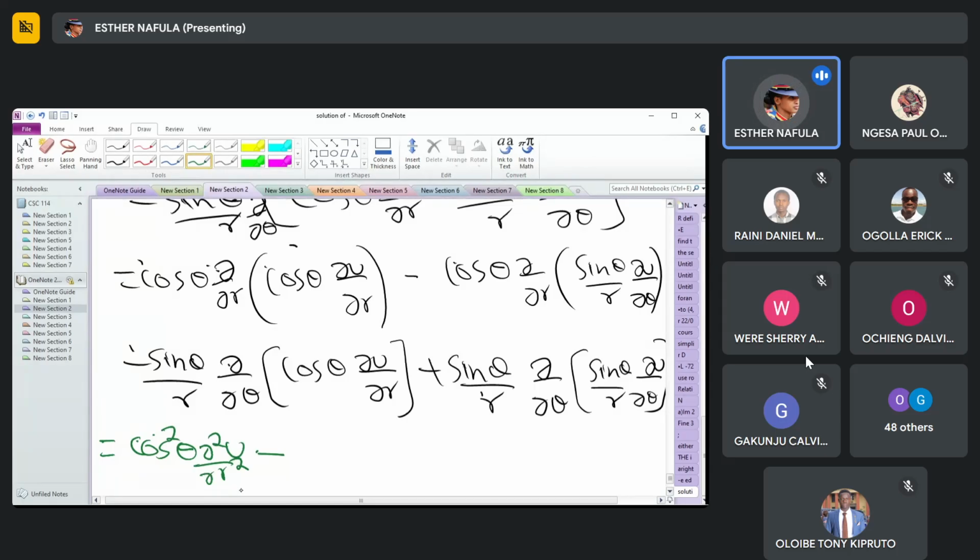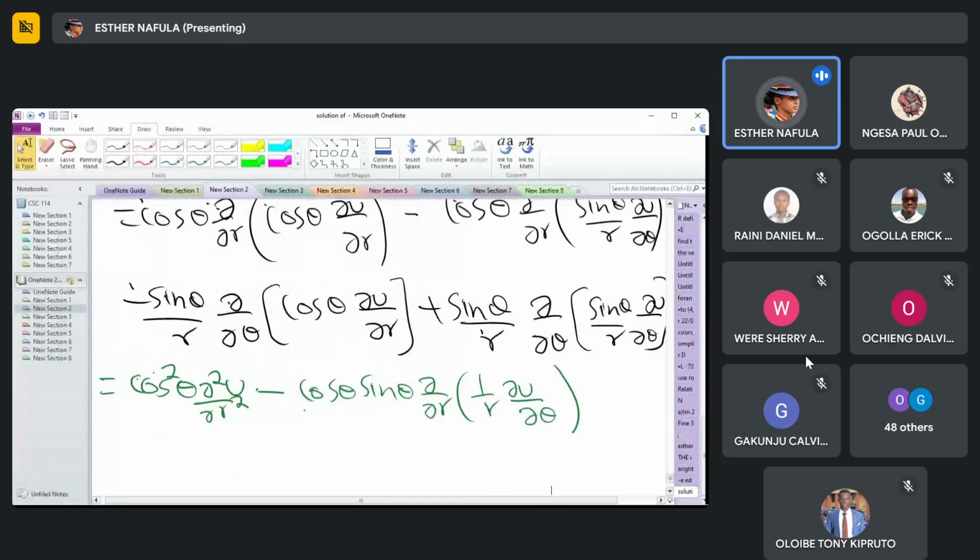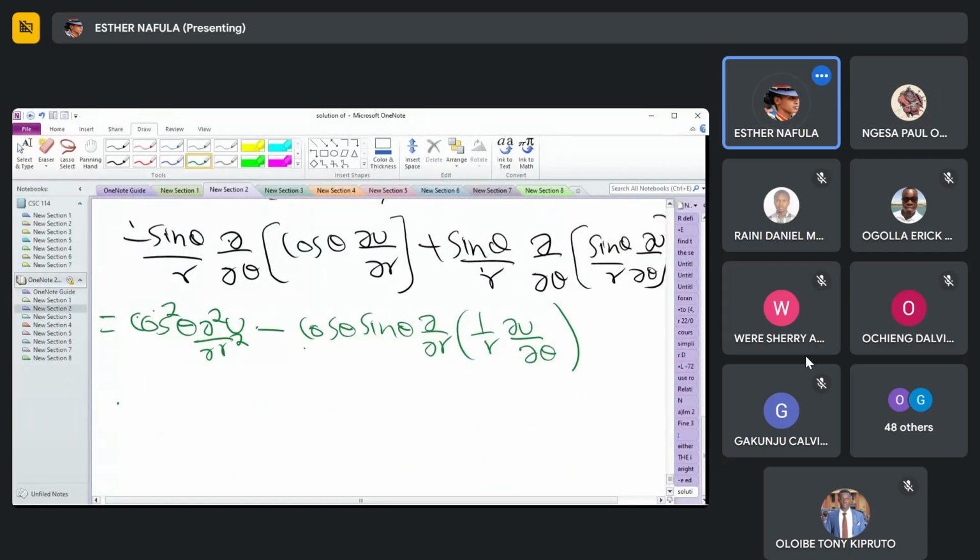So from the second bracket, what do we factor out? Sin theta. So cos theta, we factor out sin theta, then we are left with partial r of 1 over r partial u partial theta. From the third bracket, we're not factoring out anything.